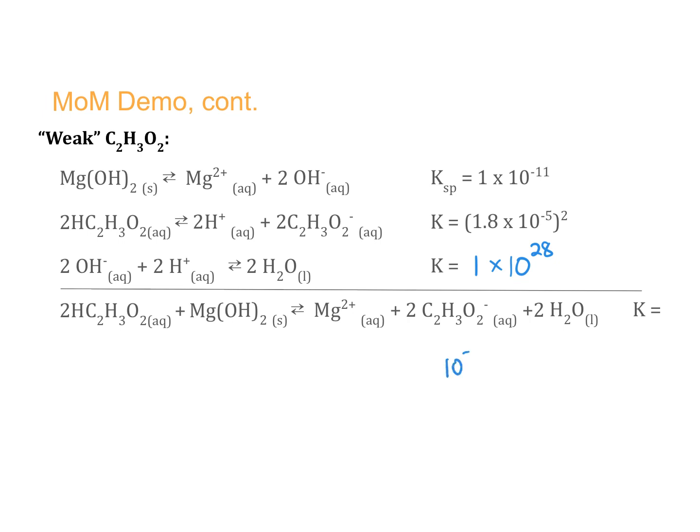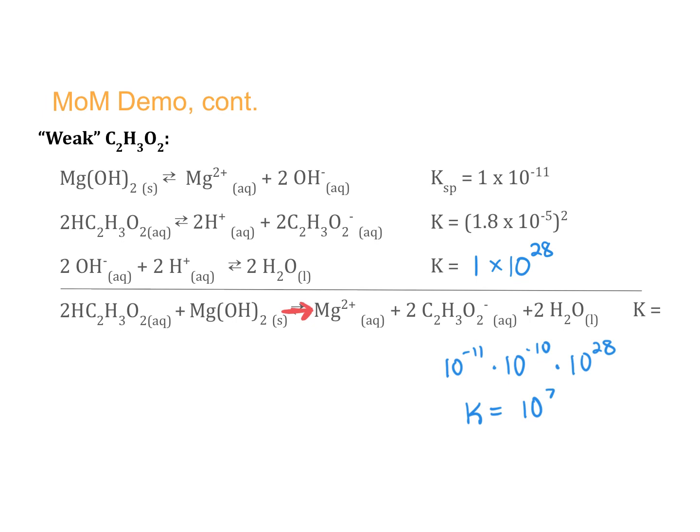We get 10 to the negative 11th times 10 to basically the negative 10th times 10 to the positive 28th. K is going to be on the order of 10 to the 7th. That is still a pretty big K. So just no different actually than the hydrochloric acid, because the K is 10 to a pretty decent sized positive number, we really can think about this neutralization reaction as going to completion.